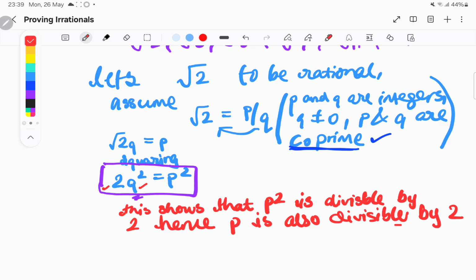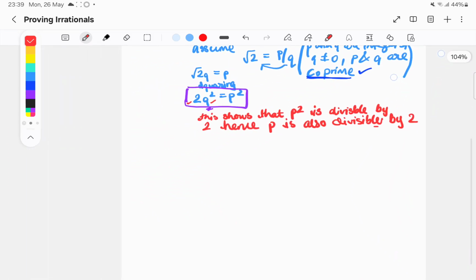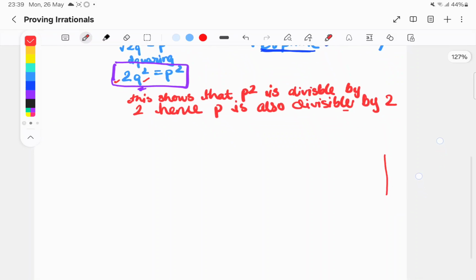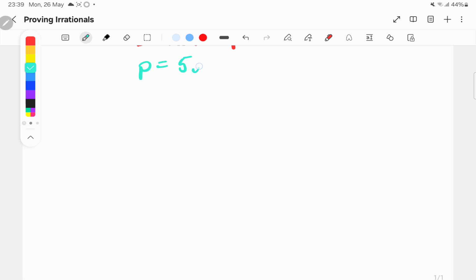Conclusion done here. Now we are moving on to the next part of this proof, which is absolutely the same thing, but now we have to go over to q. Now we have to take p is equal to 2r, for some integer r.